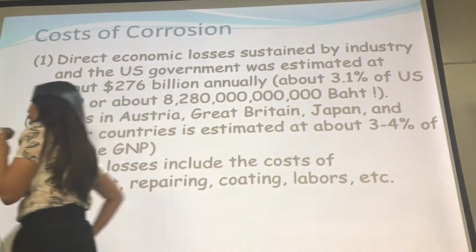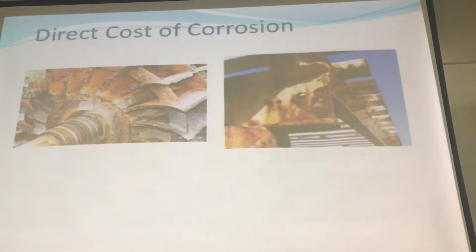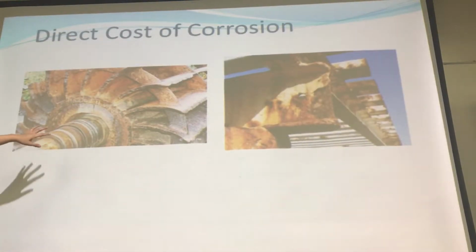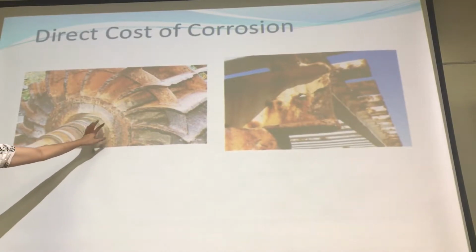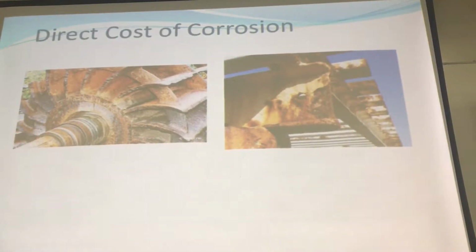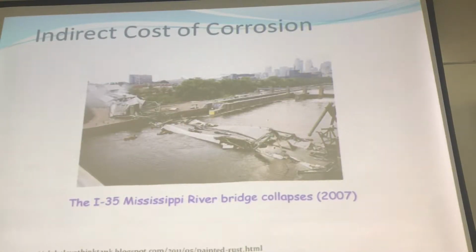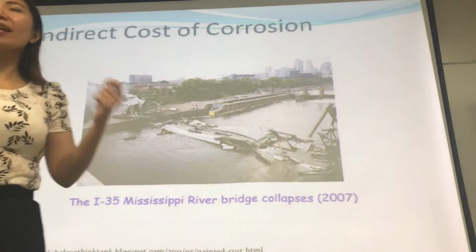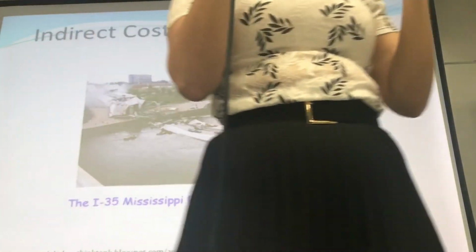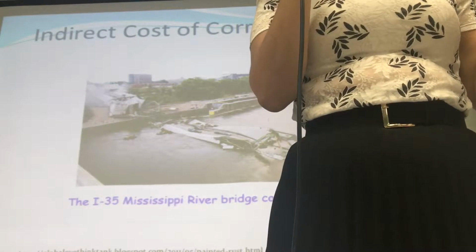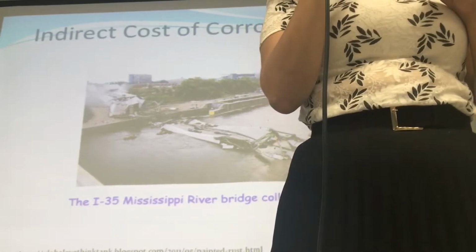So what's happening is, when we talk about this, are you familiar with this? This is what we call rust. And we don't want this to happen, right? But when rust occurs on our car, we can change our car.